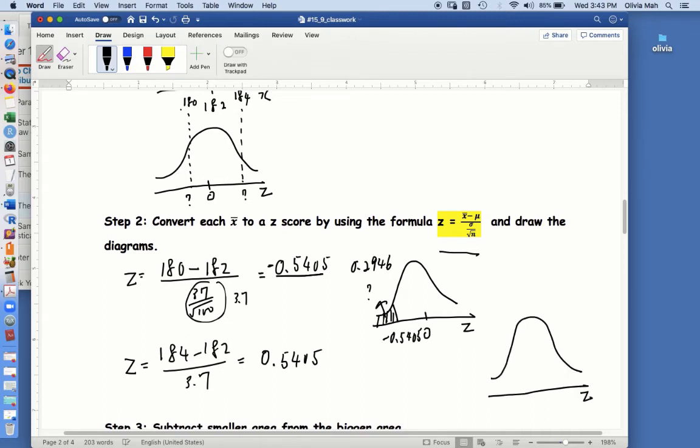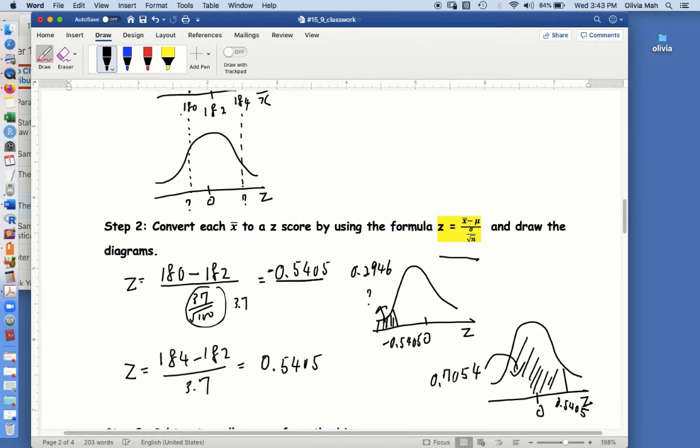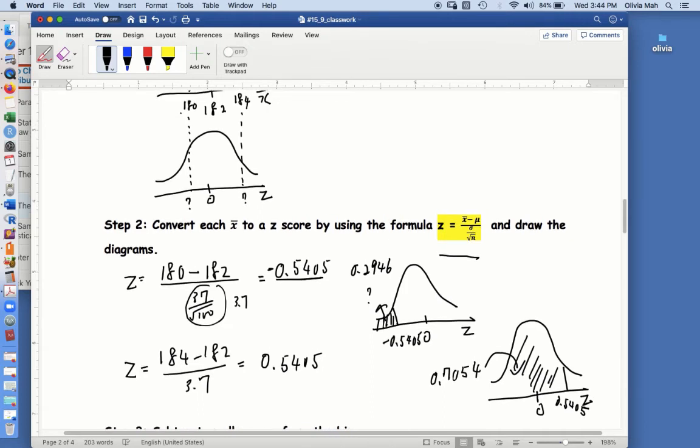Z, this part is 0, and this is 0.5405. You look at the table to find the left area, left of positive 0.5405, and that area is 0.7054.